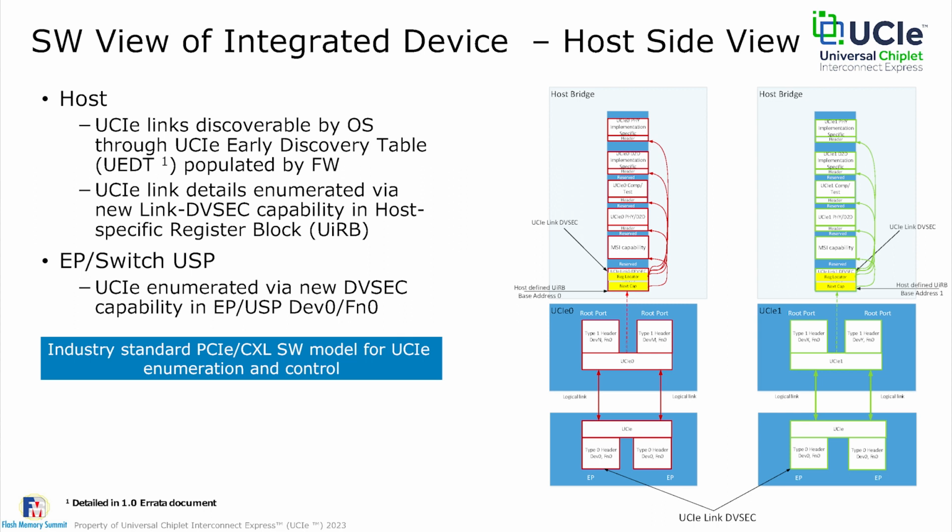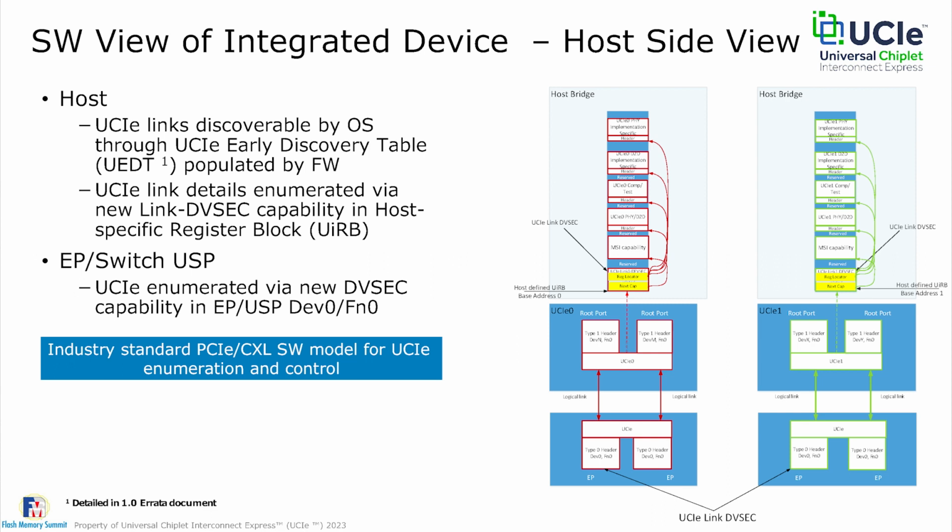So the first thing is the UCIe link has to be discoverable by the OS. There's a new structure being defined, the early discovery table, and that's going to be populated by the firmware, right? What you see on the left-hand side is two UCIe links. Let's think of that as coming out of the host.